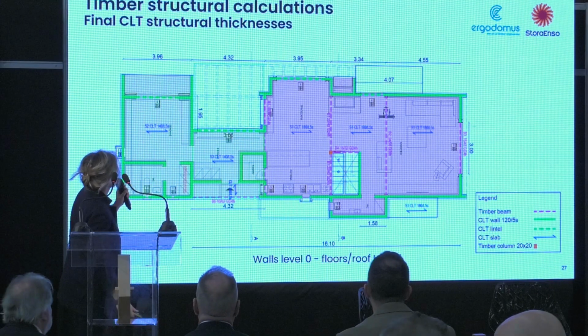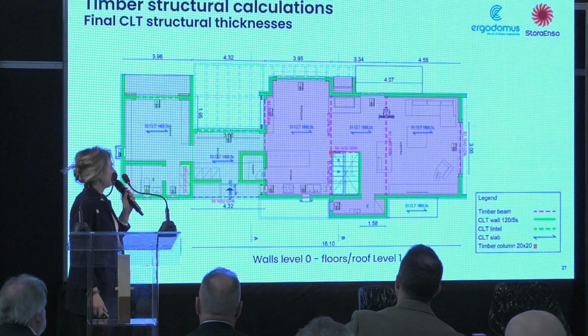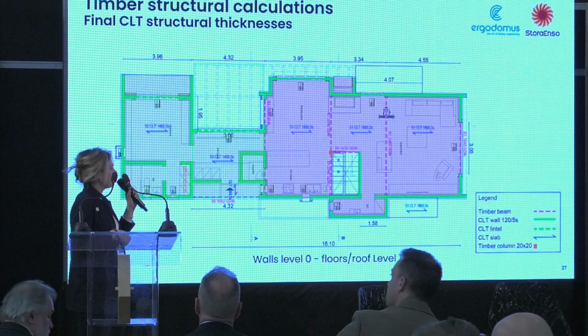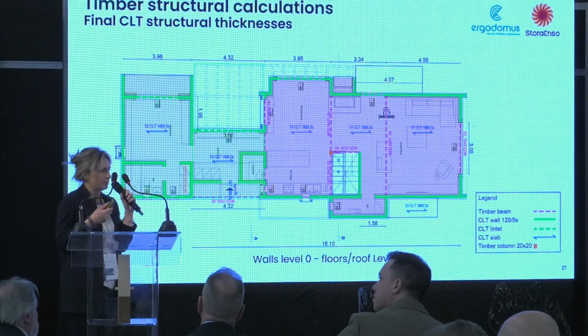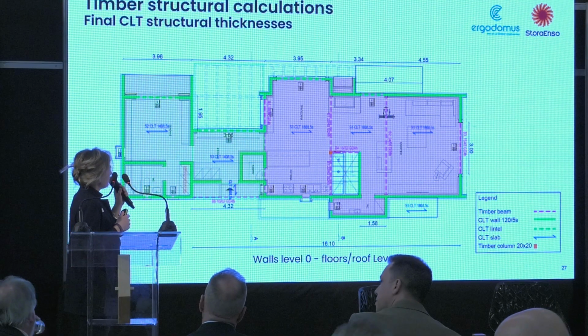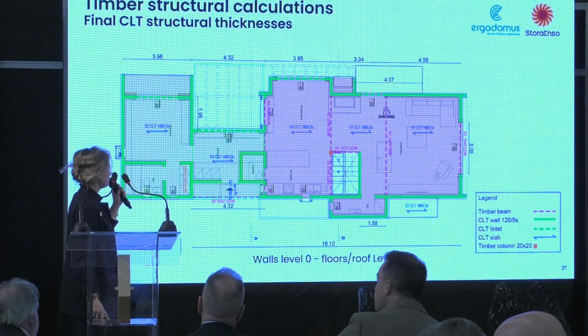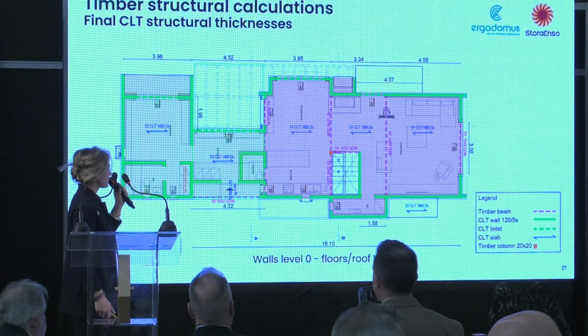At the end, after all the calculation, we can say that the external walls are CLT walls, 120 millimeters. We have some glulam beams, the pink ones, that can break the span.